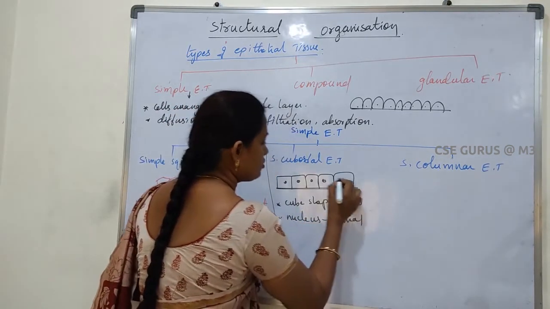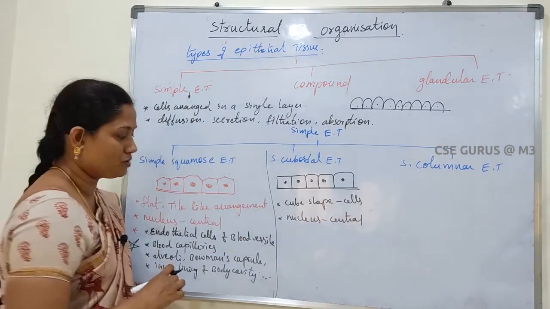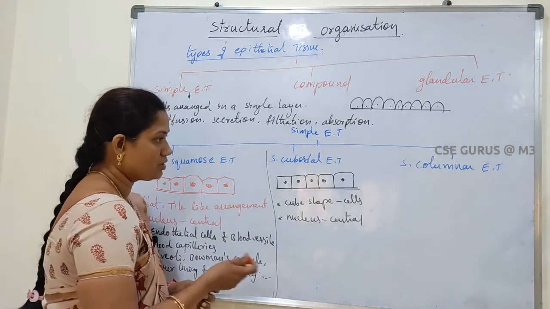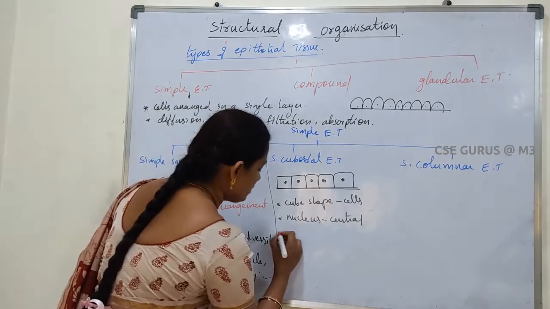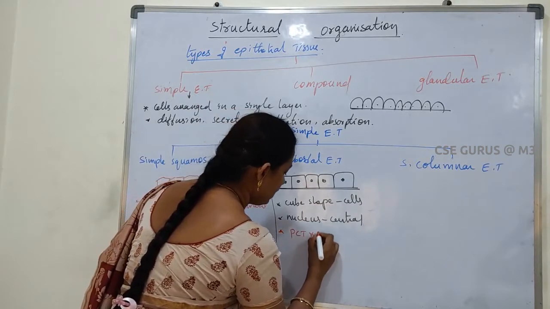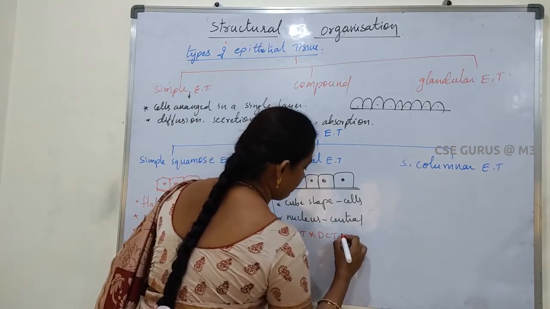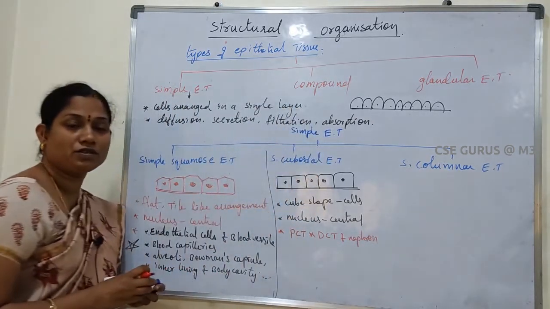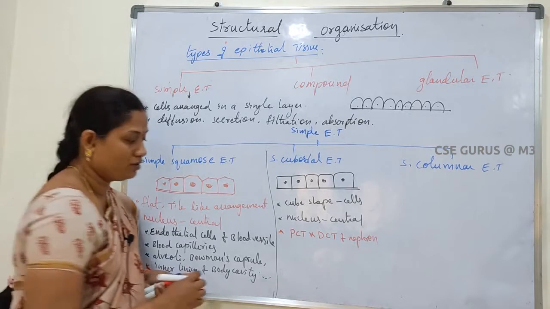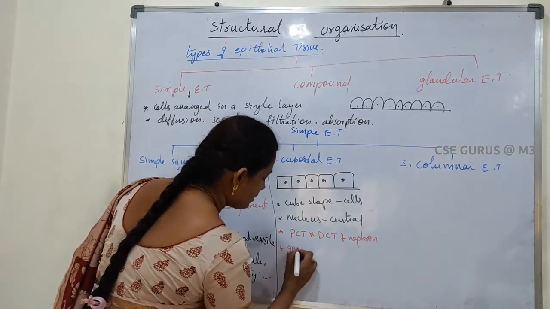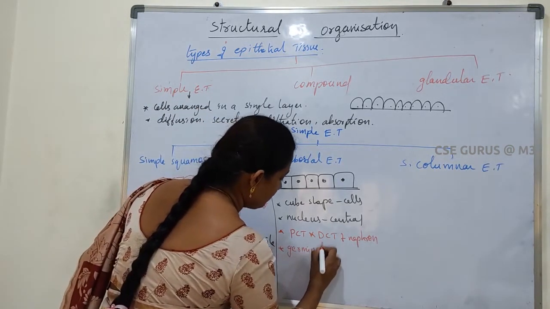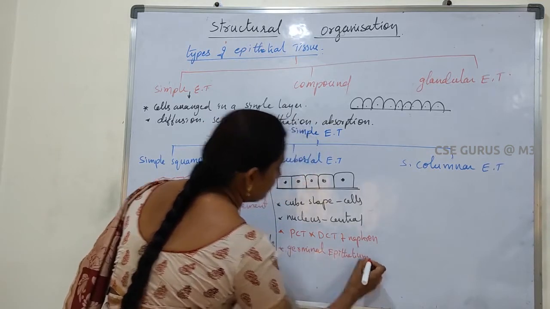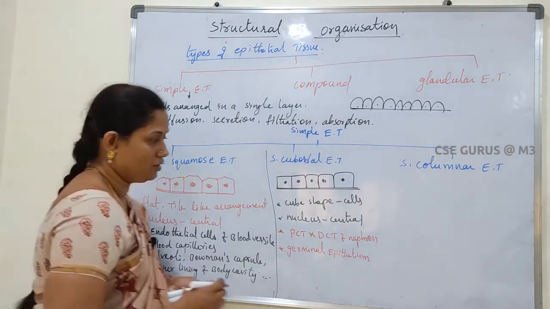Next, location. Mainly location is very important. It is present in the PCT and DCT of the nephron, the proximal convoluted tubule and distal convoluted tubule. Next, germinal epithelium is also made up of cuboidal epithelial tissue.